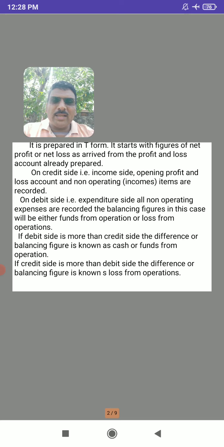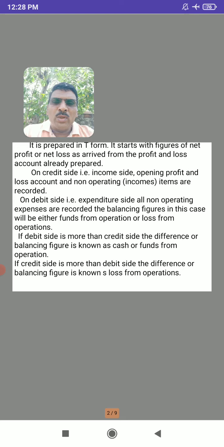The adjusted profit and loss account is having two sides. One is the income side and the second one is the expenses side. So on the credit side we write income, we call it the income side, and on the debit side we call it the expense side, the expenditure side.